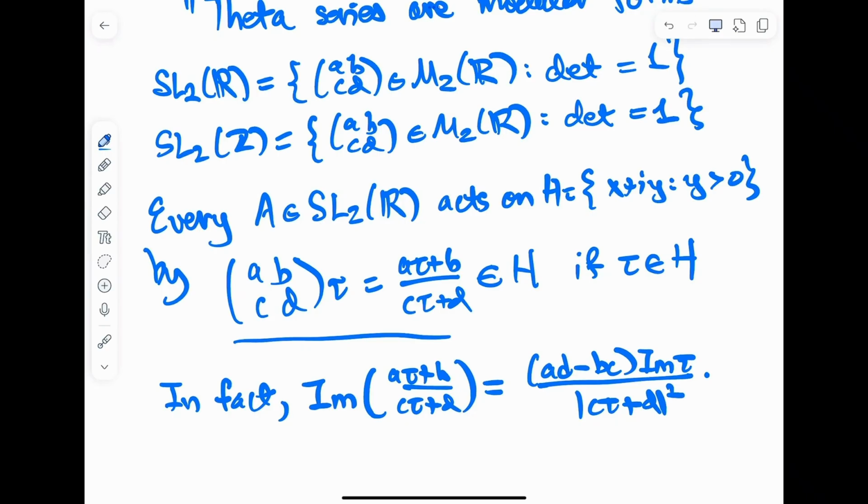So if your real matrix has a positive determinant, and the imaginary part of tau is positive, then the imaginary part of (A tau plus B) over (C tau plus D) is also positive. This is why it brings the upper half plane to itself. So I did really mean SL2R, but we're going to focus on just the matrices in SL2Z.